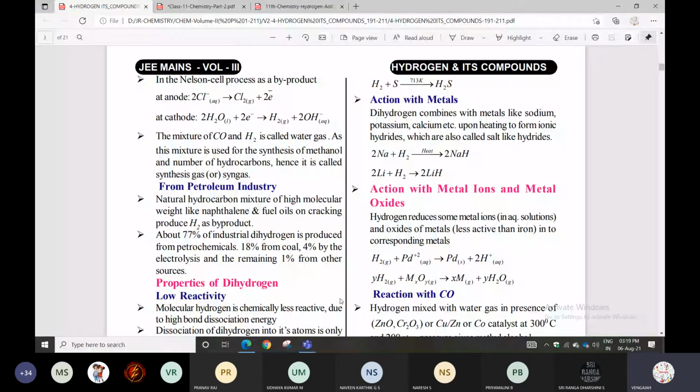Li plus H2 forms LiH. Next, the action with metal ions and metal oxides also. Hydrogen reduces some metal ions and oxides of metals also.